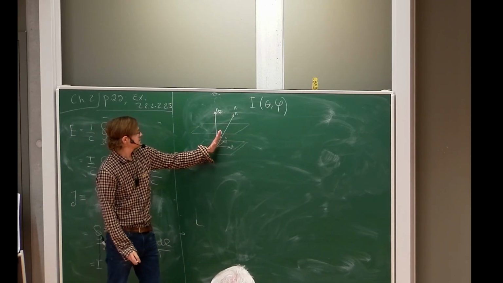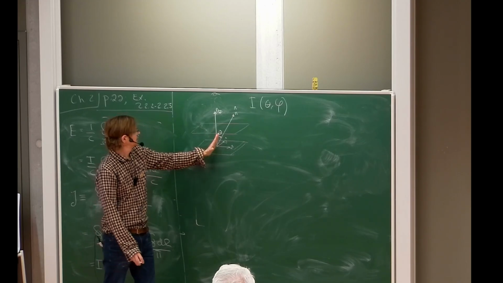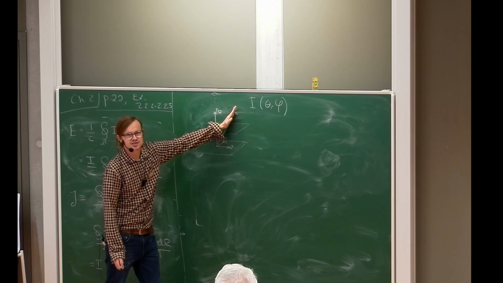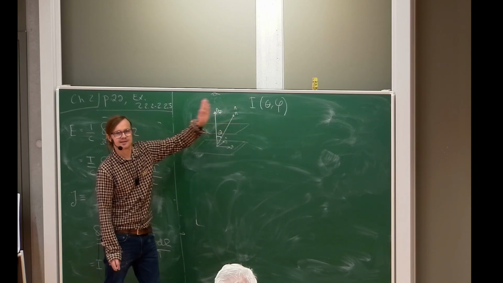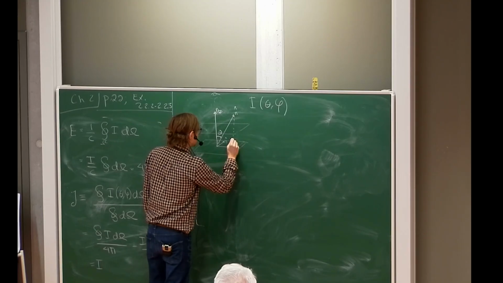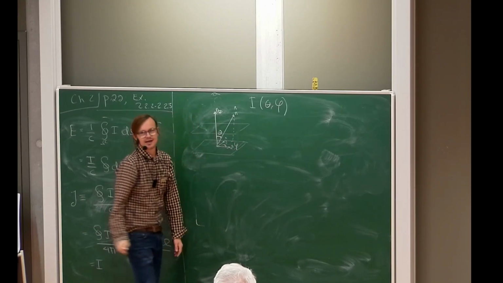But we said that I, in general, can be a function of theta, can also be a function of phi, because of course, here you see this is a two-dimensional drawing. Now you have to think in and outside the board. This goes just in that direction, but we can tilt it in the board or we can tilt it out the board. And typically what we do then is that we project it down and do like this, and then we have the phi angle here.